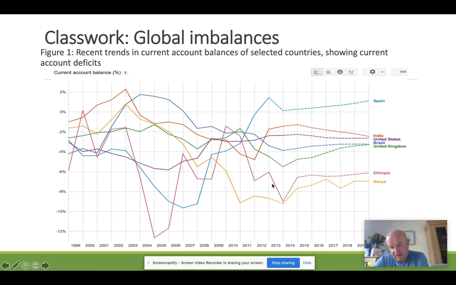You can comment on the fact that pretty much since 2000, Ethiopia has been in a significant current account deficit, and there are probably very good reasons for that. For instance, maybe they're importing a lot of goods and services, maybe they're reliant on just one or two different goods or services, maybe commodities that haven't been in quite such great demand.